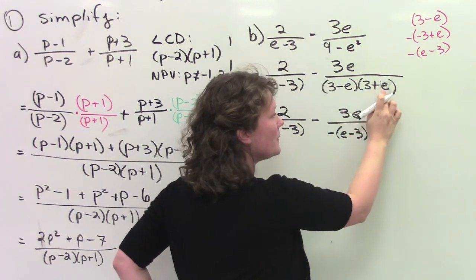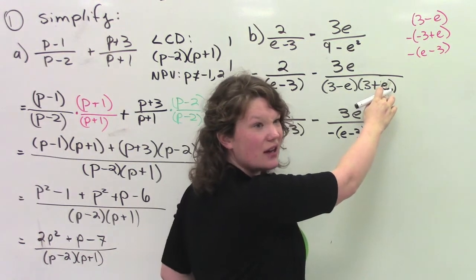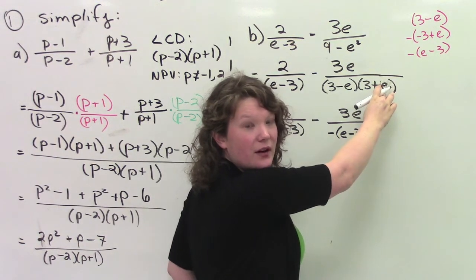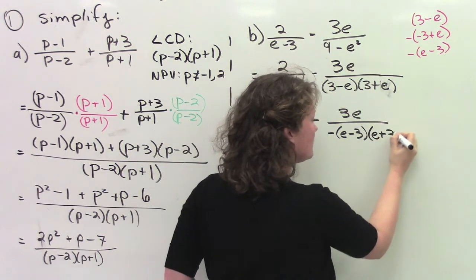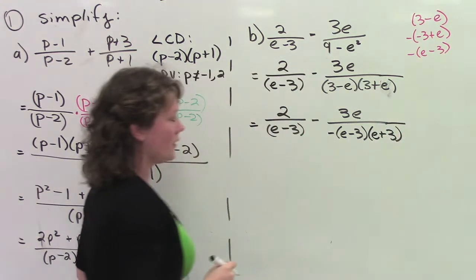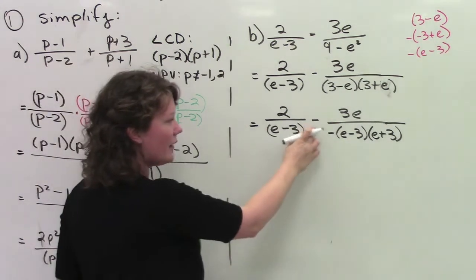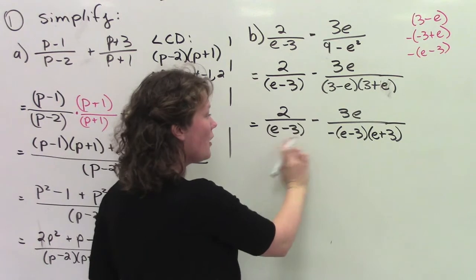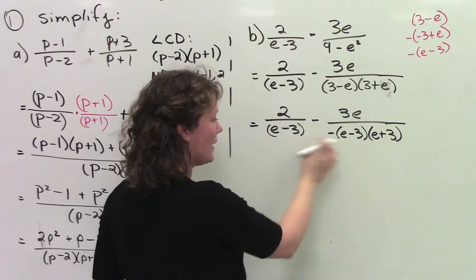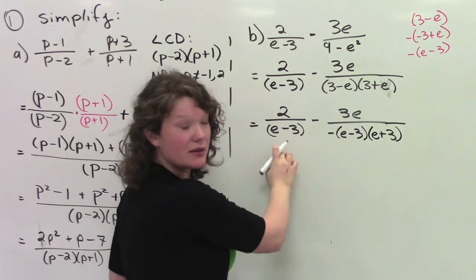See how this is 3 plus e? I can just easily write e plus 3. Let's put the variable first because that looks nicer. All right, so we have a negative and a negative here. What does that become? It means that there's an addition happening between these two terms.